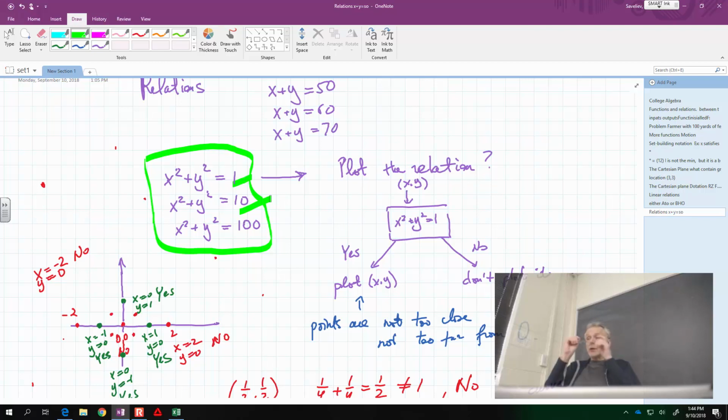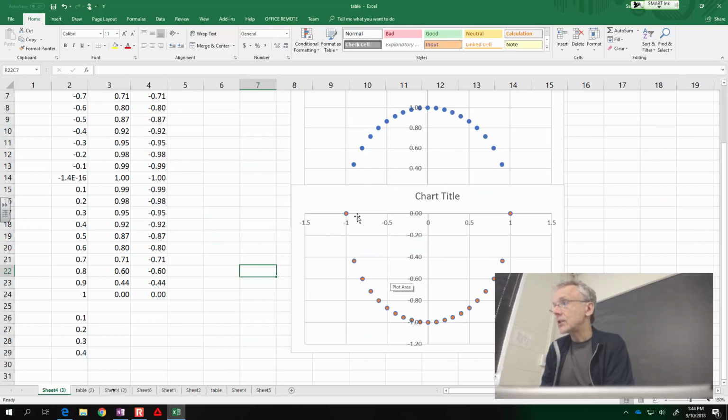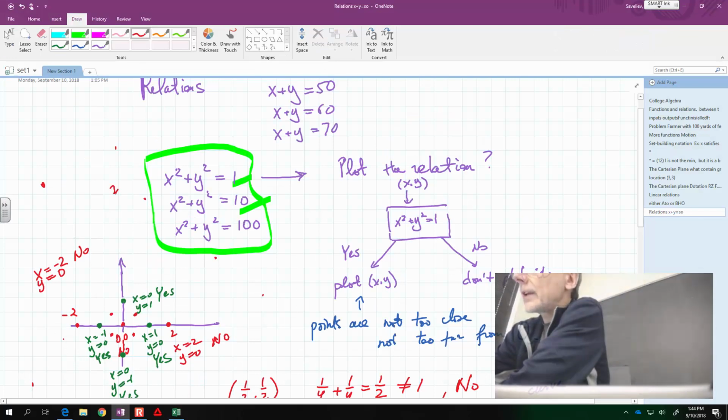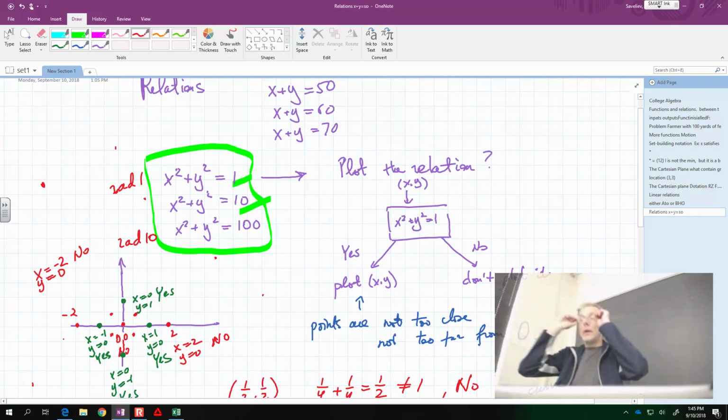So you can actually see, if you look at what I just plotted, it runs between -1 and 1. If you accept that it is a circle, what is its radius? 1, right? So over here, this one has radius 1. This one will be radius 10. Okay, so they go as squares.